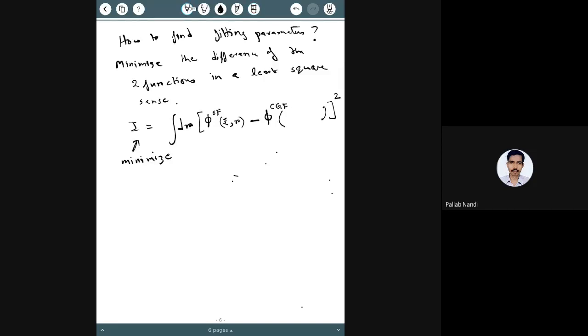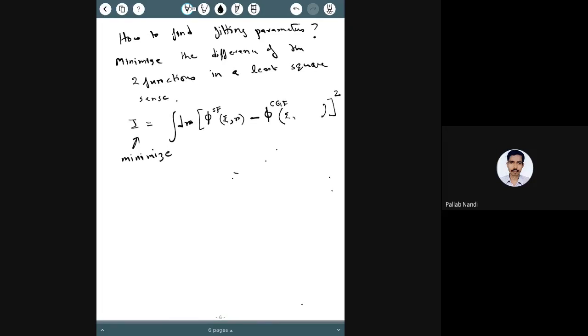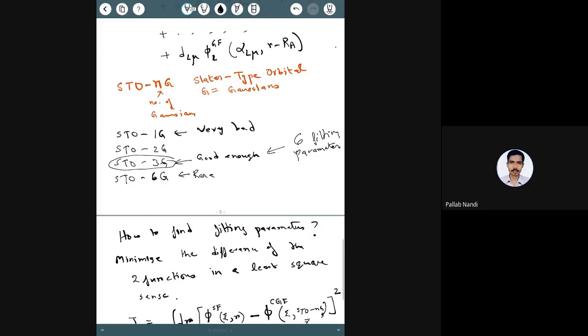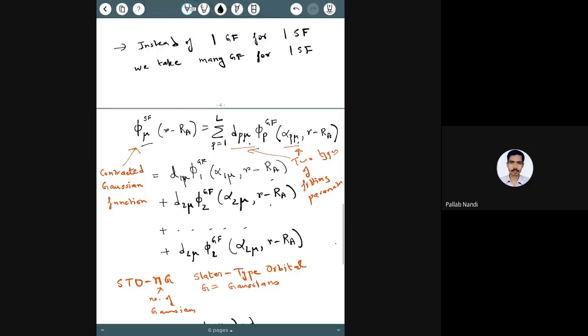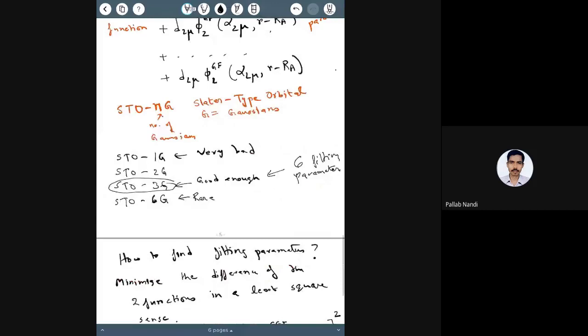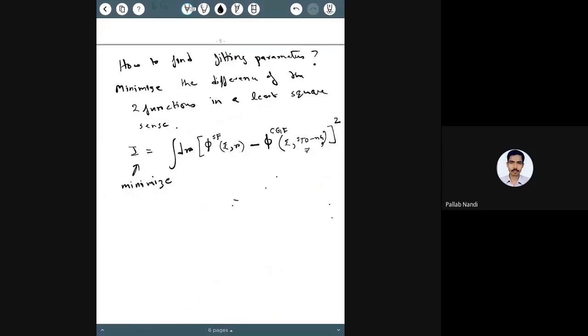So for a fixed set of exponents, I can also call this zeta, you fix the alphas here and you find the d's. Then you can change your alphas and again find the d's, and this is again an iterative procedure till you get your desired level of similarity between the two functions.